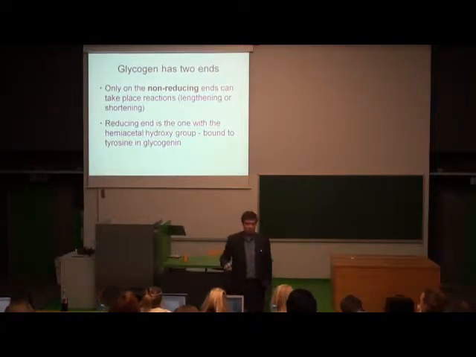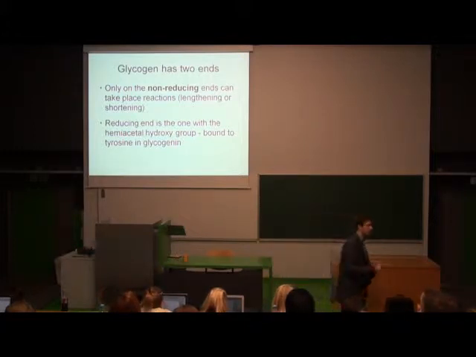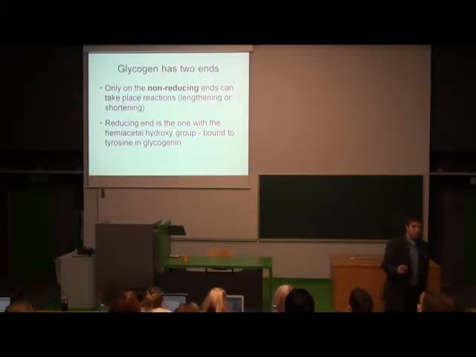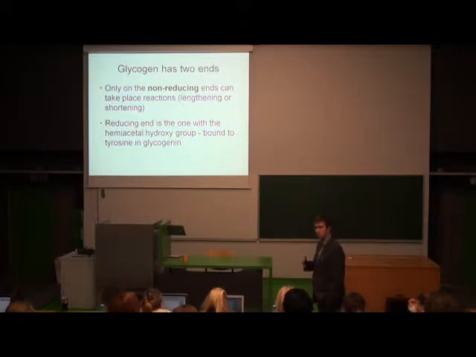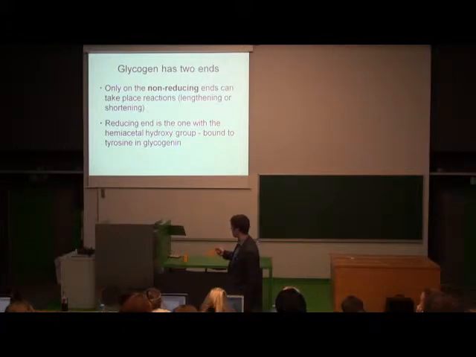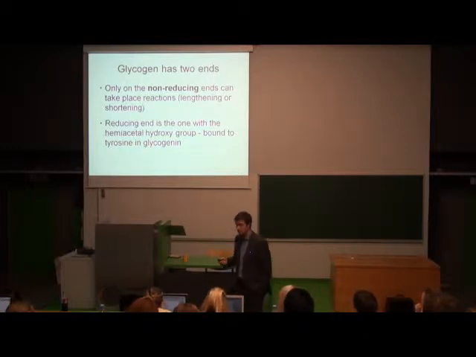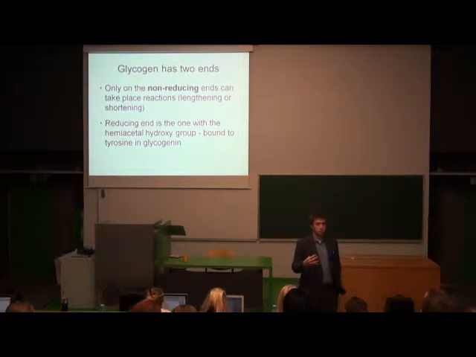Yes, the majority of ends are non-reducing ends, and only on these non-reducing ends you can do the reaction. Yes, you can make the chain longer or shorter, but only on non-reducing ends. The reducing end is bound to amino acid tyrosine. That's in a protein that's called glycogenin.